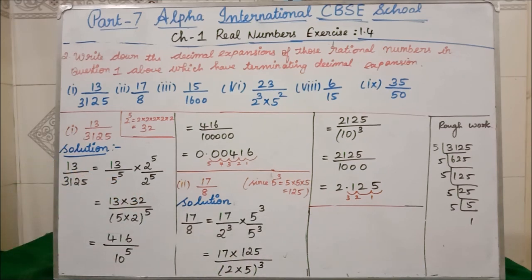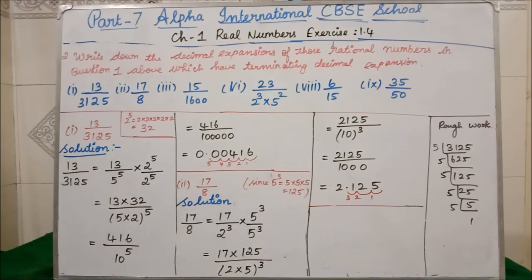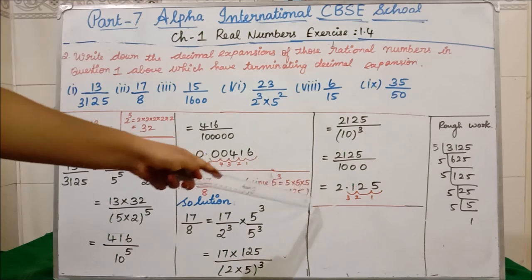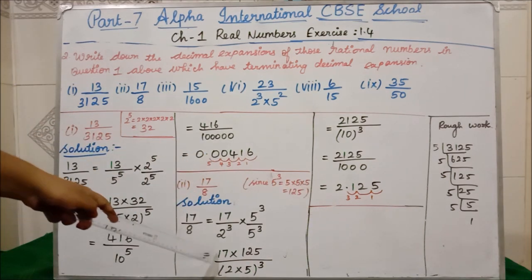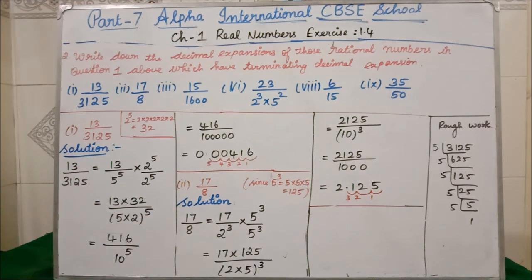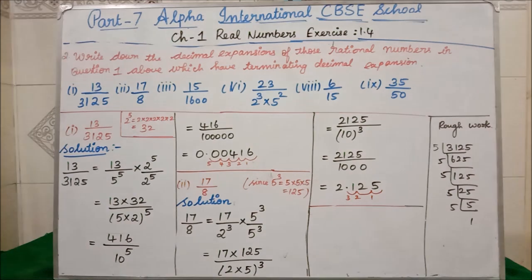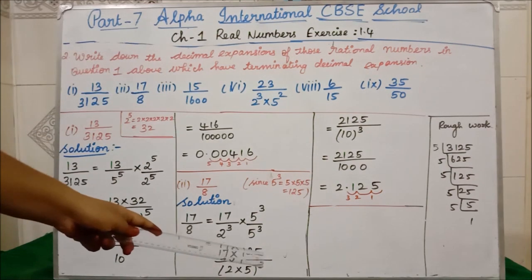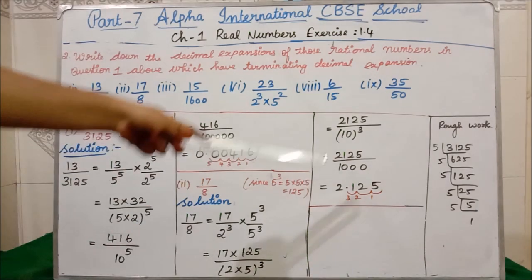Clear all of you? So now 17 into 5 cube means what? 5 into 5 into 5, which is 125. So 17 into 125 divided by 2 into 5, this 3 you have to write commonly, whole power 3. So 17 into 125 answer is 2125, divided by 5 2s are 10, the whole cube.